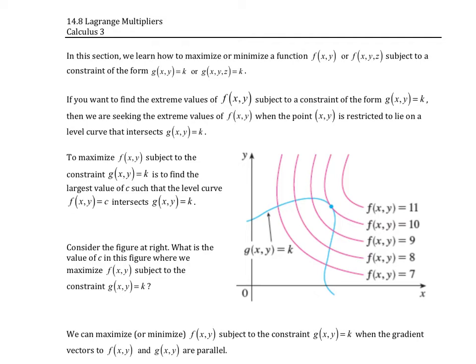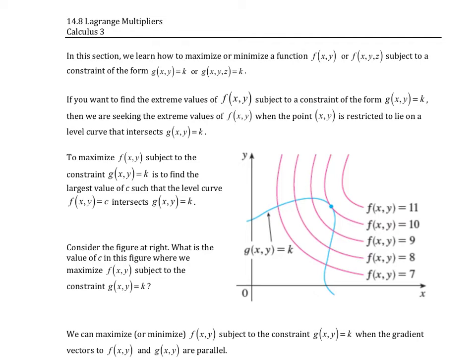And we're going to call that constraint g of x, y equals some constant. What that might look like is we're looking for the points where the contour lines of f and the contour lines of g, if we bring them down to 2 dimensions, the level curves, intersect.